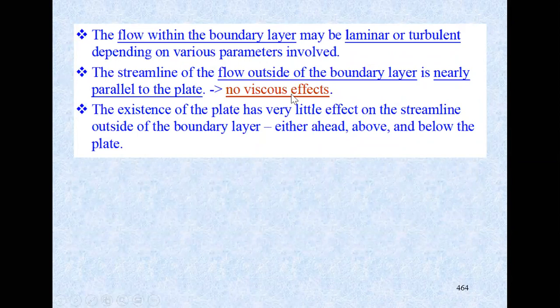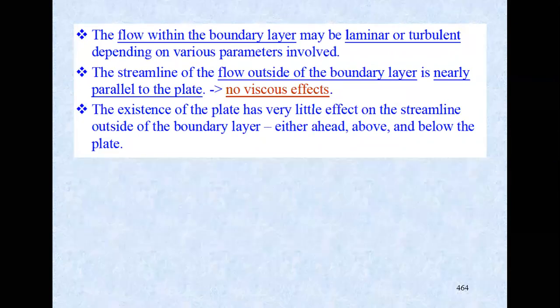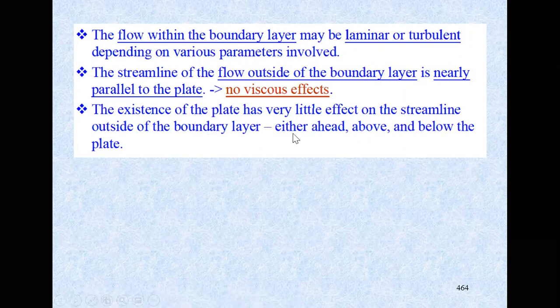And the streamline of the flow outside the boundary layer can be considered to have no effect of the viscous. So it won't bend, it's just going to ignore the presence of the plate. So it's nearly parallel to the plate. Also, ahead, above, and below the plate is negligible effect of that.